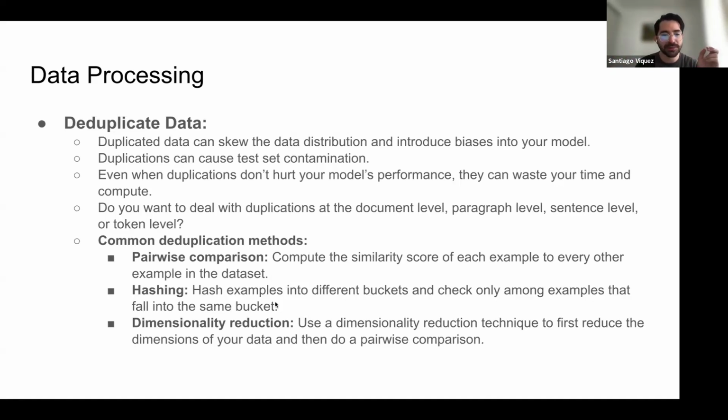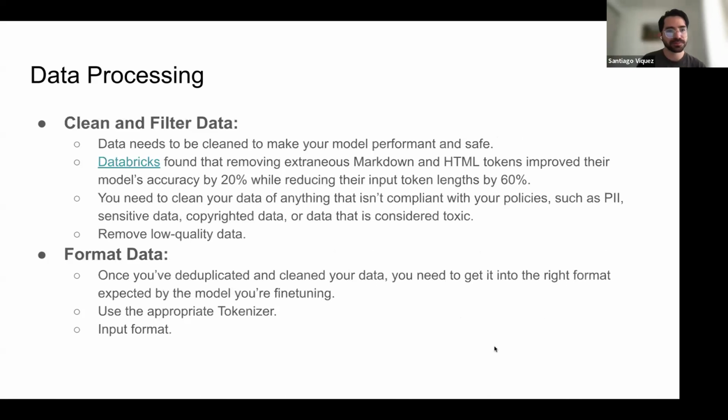You can use hashing techniques, so hash examples into different buckets and check only among examples that fall in the same bucket. Or you can use dimensionality reduction techniques: you reduce the dimensions of your original data and then do the pairwise comparison, so at the end it's a bit cheaper than doing it with the raw examples.